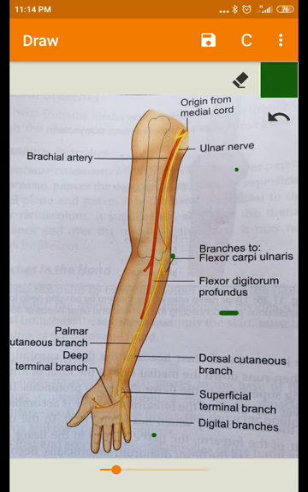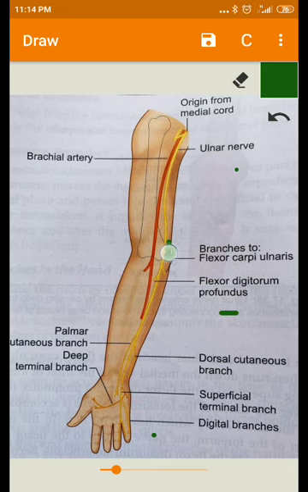The articular branch arises as the nerve passes behind the medial epicondyle and gets distributed to the posterior aspect of the elbow joint. So whenever this nerve is passing on the posterior aspect of the medial epicondyle, it gives a branch to the posterior aspect of the elbow joint.